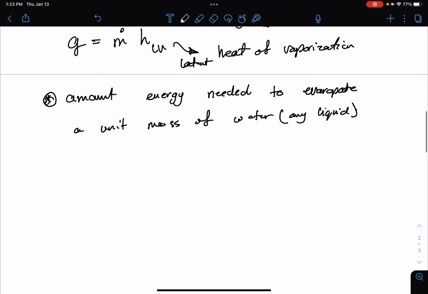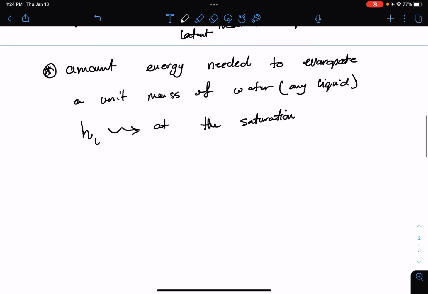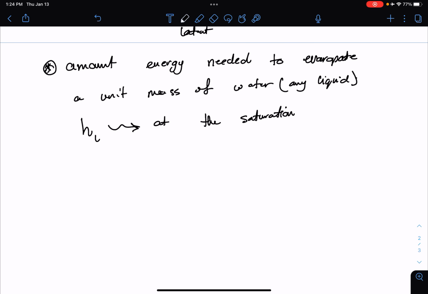How do we find this value? How do we find this energy? We essentially measure the enthalpy of liquid at the saturation temperature. And I'm assuming you are already familiar with enthalpy, with just the terminology, and the saturation temperature.